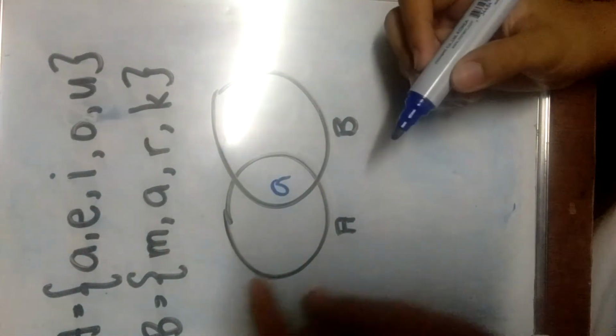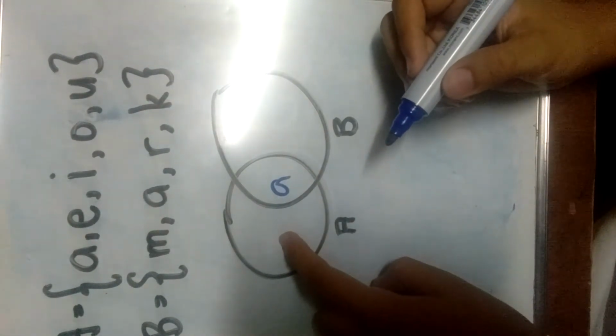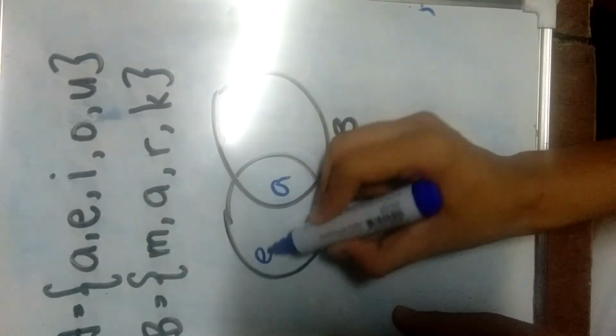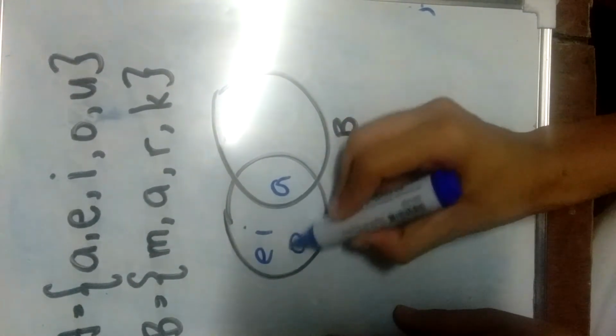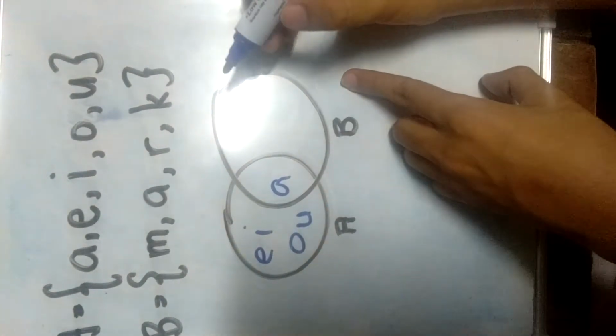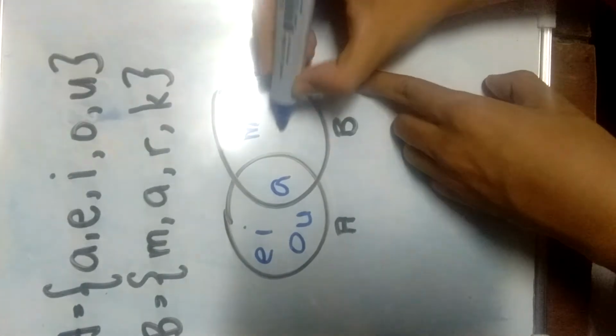Now, here we will write the remaining elements of set A, so that's E, I, O, and U. While here, the remaining elements of set B, which are M, R, and K.